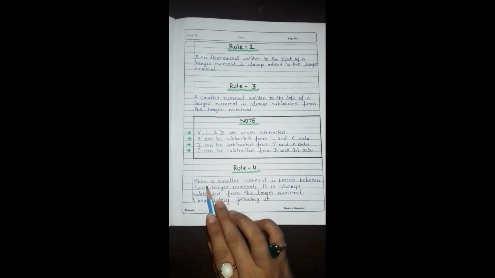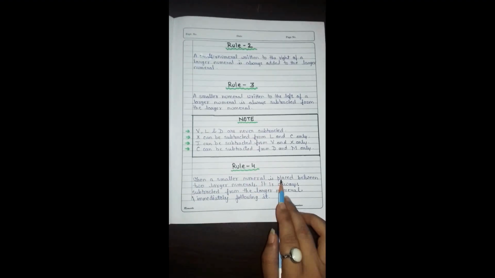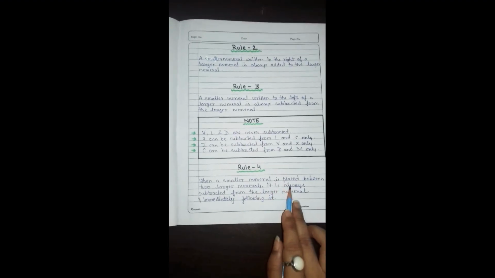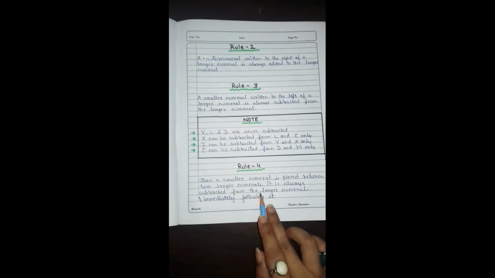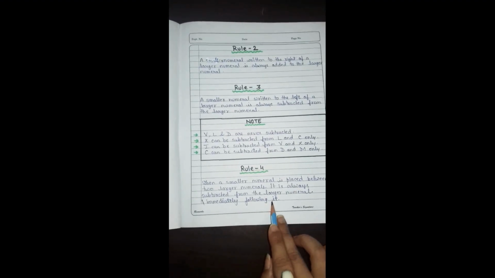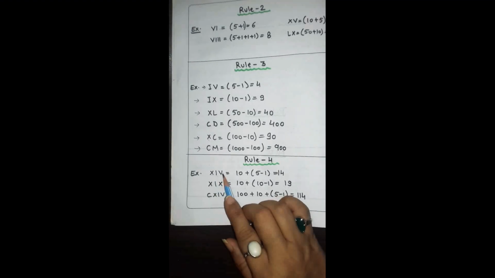Rule 4. When a smaller numeral is placed between two larger numerals, it is always subtracted from the larger numeral immediately following it. For example, XIV.